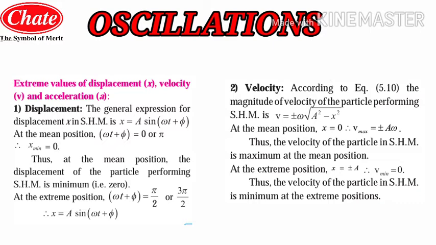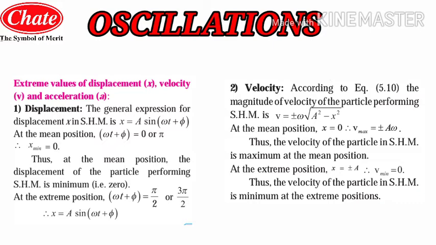As you put x equal to 0, the entire term gives only plus minus a omega. Thus the velocity of the particle in SHM is maximum at the mean position.